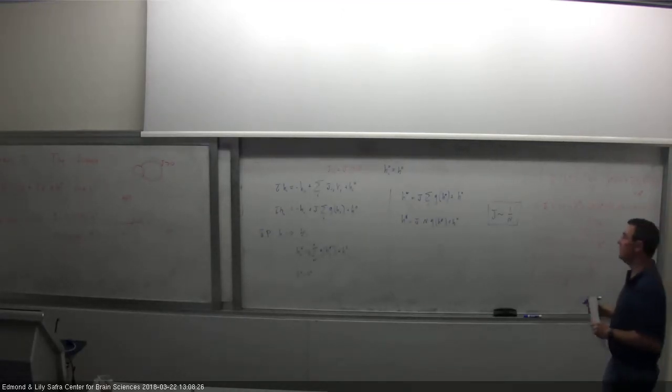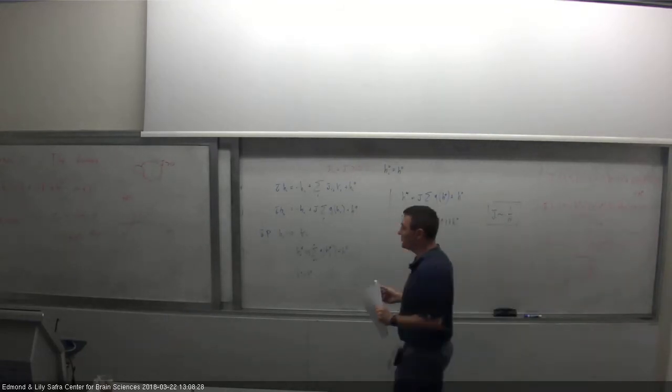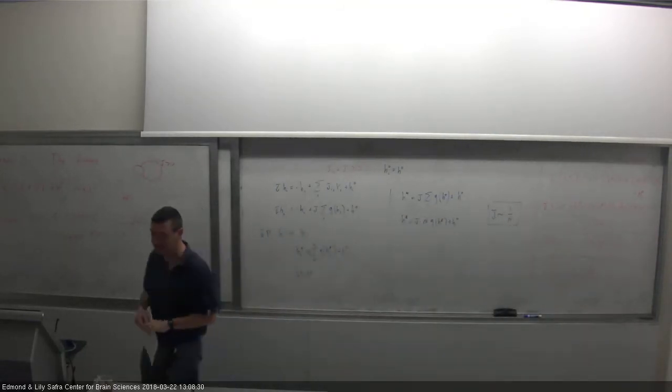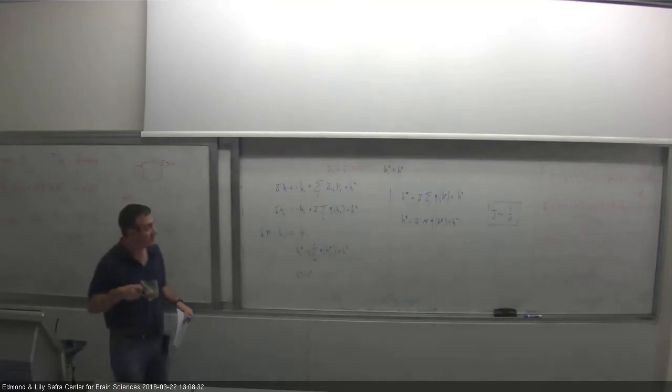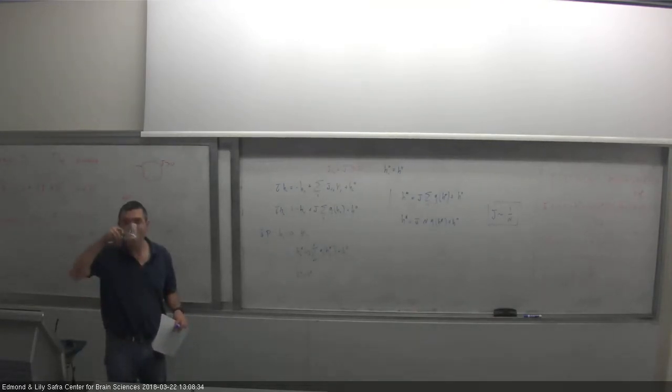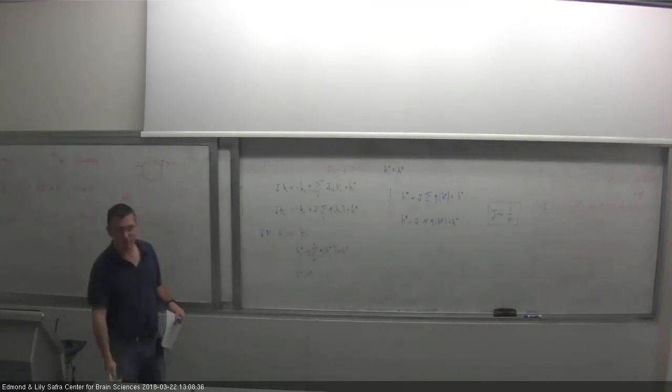Okay, so we know something about the fixed point solutions. We've already analyzed it in the case of the OTAP. What is the next step? What should we do next? We have the fixed points. Stability.